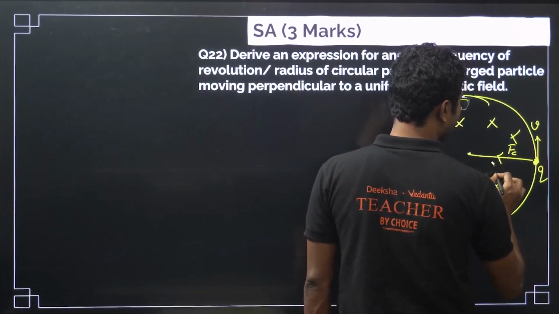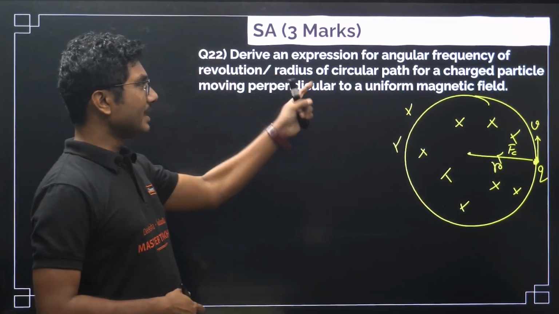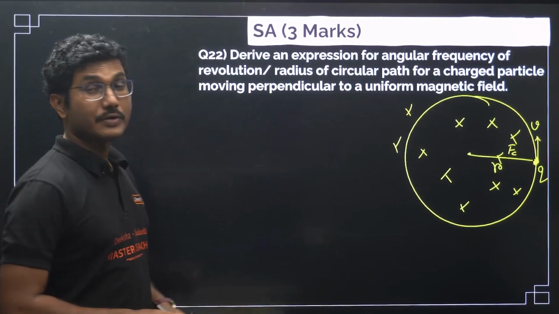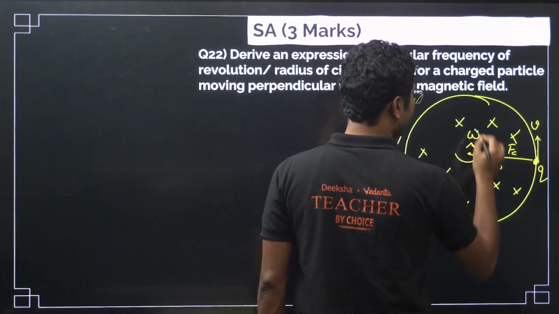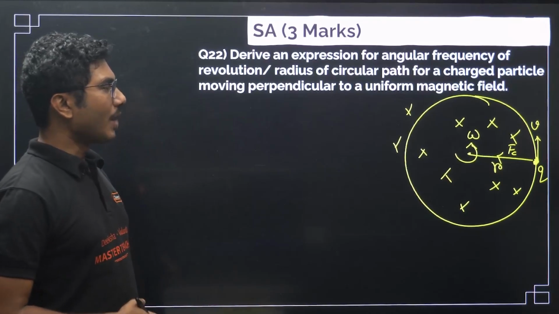The radius of the path is, say, small r. We are trying to find this radius as well as the angular frequency. Angular frequency means with what speed it is rotating, and it is given by the symbol omega.